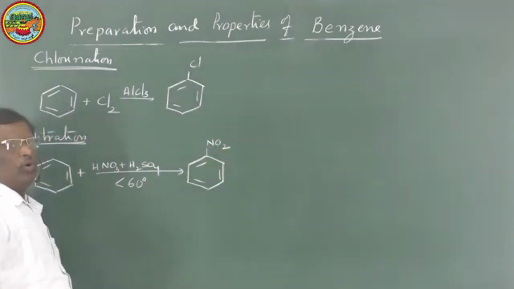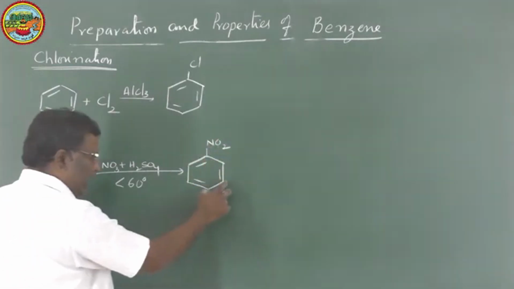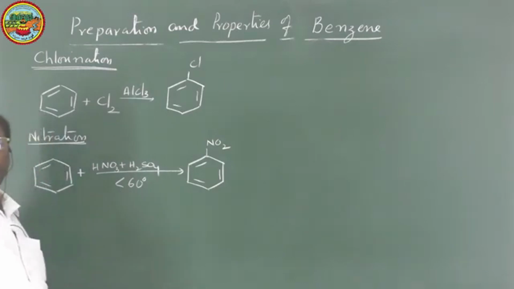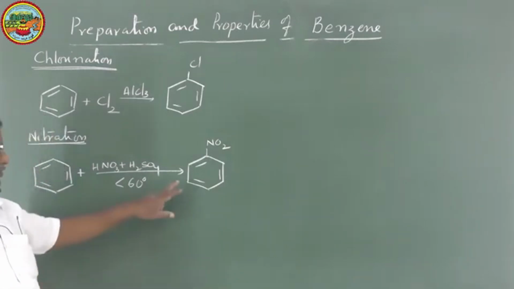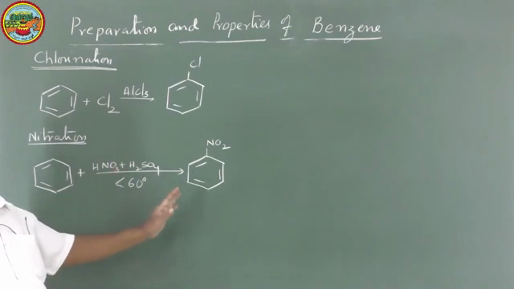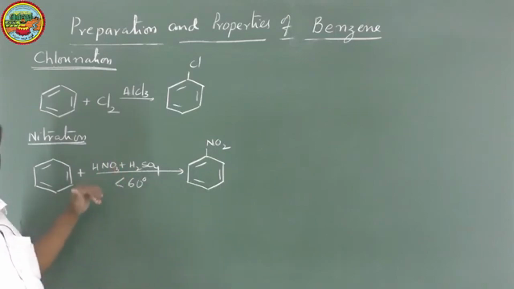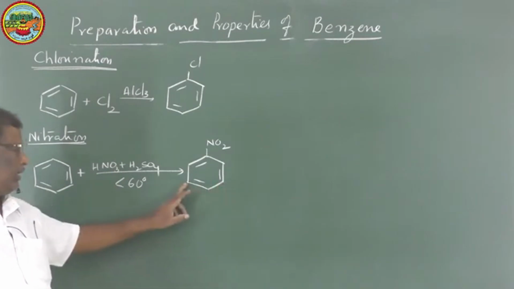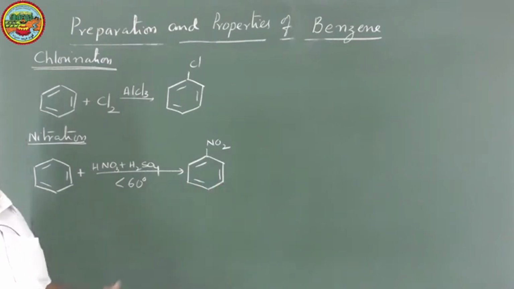If the temperature is more than 60 degrees centigrade, another nitro group will be substituted at the meta position, and further at this position also, so 3 nitro groups will be substituted. So if you want nitrobenzene, you should restrict the reaction to below 60 degrees centigrade. Above 60 degrees centigrade, NO2 groups are also substituted at the 2 meta positions.